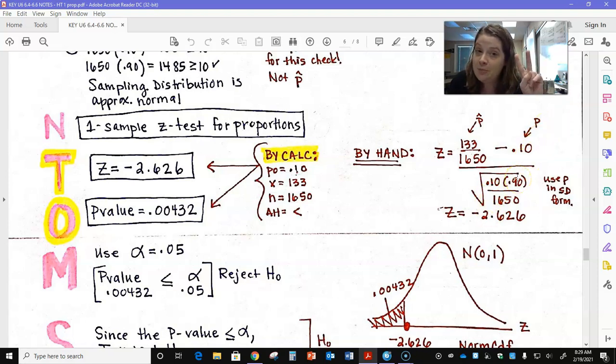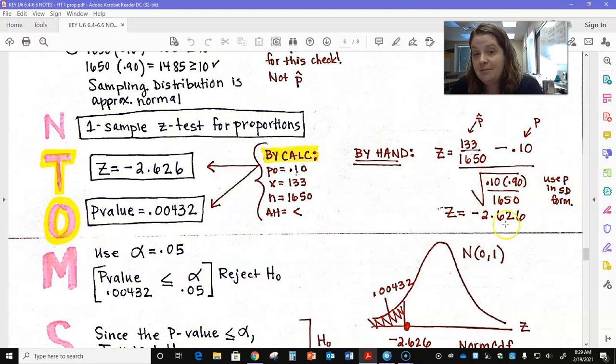Now, I have two values that could potentially go in for p here: the 133 out of 1650, about 8%, or this 10%, which was the hypothesized proportion. If I have to pick between the two, I'm assuming that p is the true number, so I'm going to use that in my formula instead. So in general, if you have to pick between p and p hat, always pick p. So it's the square root of p times 1 minus p over n, from that standard deviation formula.